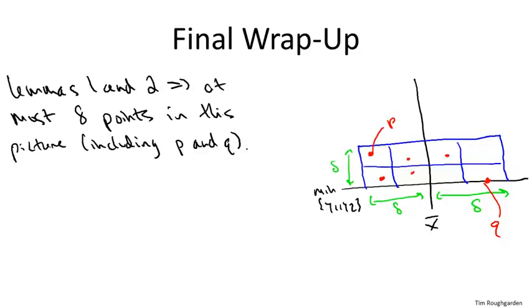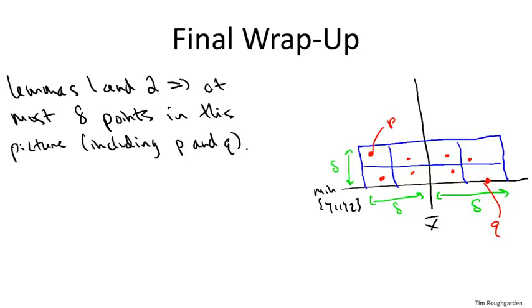Any point of the strip with Y coordinate between P and Q occupies a box, so at most there are these 6 wedged in between them. What does this mean? This means if from Q you look 7 positions ahead in the array, you are guaranteed to find this point P. So a split pair with distance less than delta is guaranteed to be identified by our double for loop.